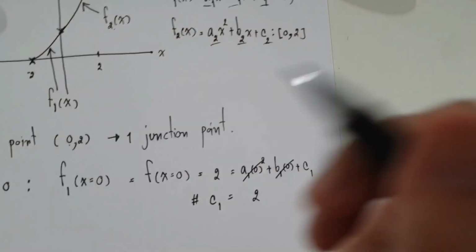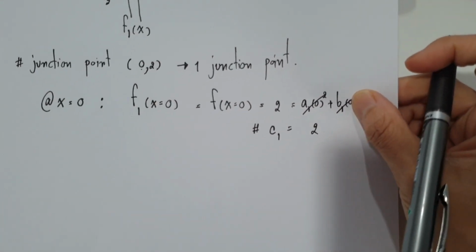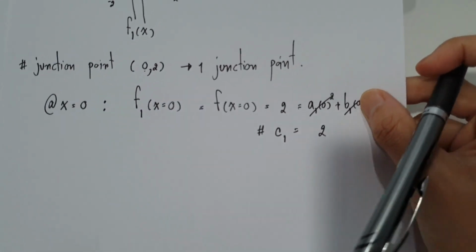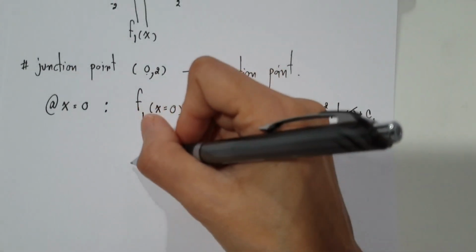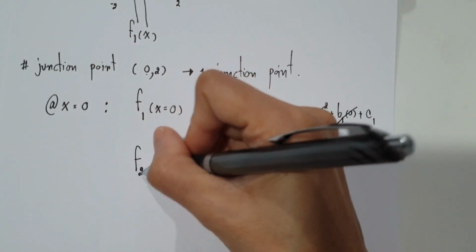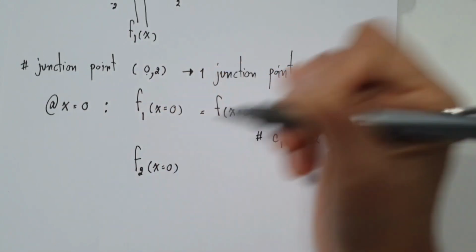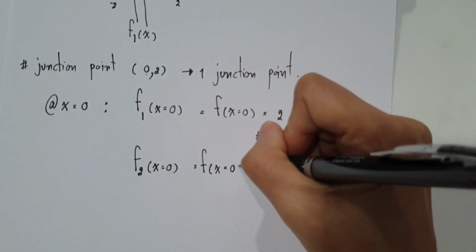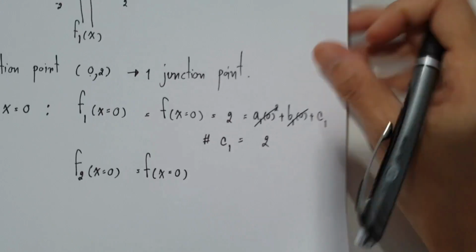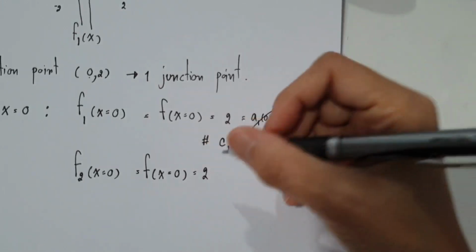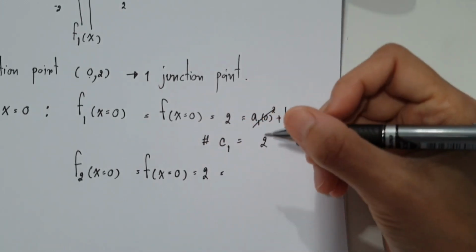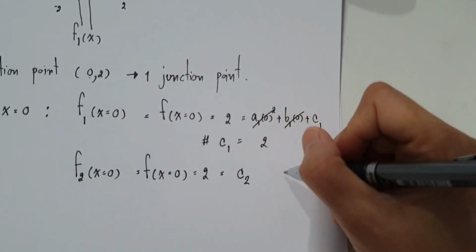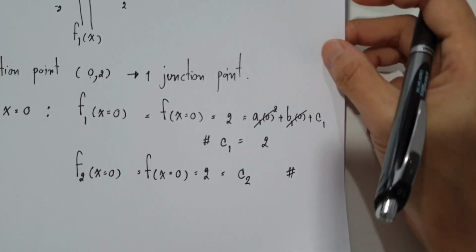And the second equation that we can create from this junction point is f2(0) equal to f(0), which is also 2. So from here, we get c2 equal to 2. This is another equation.